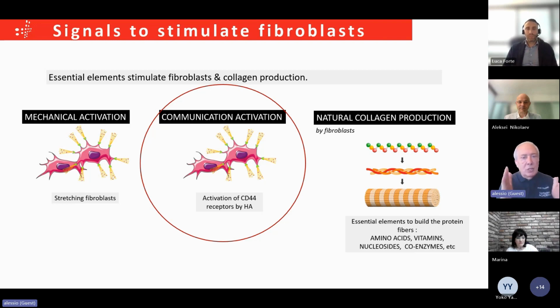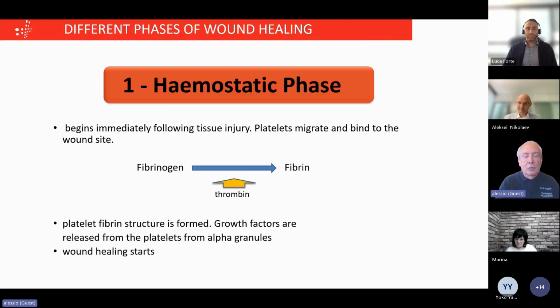But the communication activation, in my opinion, remains one very important first step to say to the body, of course, we are speaking about skin, dermis, but very superficial targets, to the widest organ of our body, the skin, to act and get new tissue. Through these steps that are the four typical steps of wound healing.